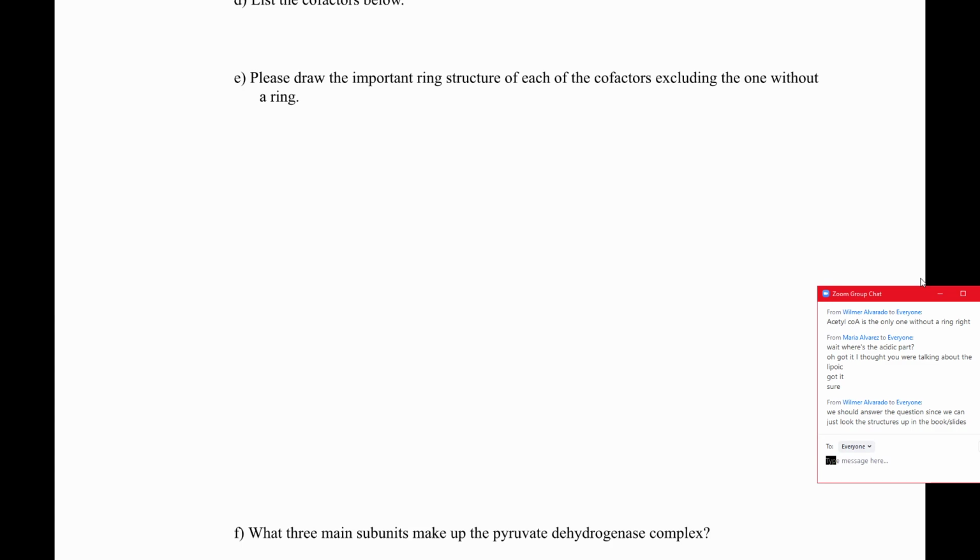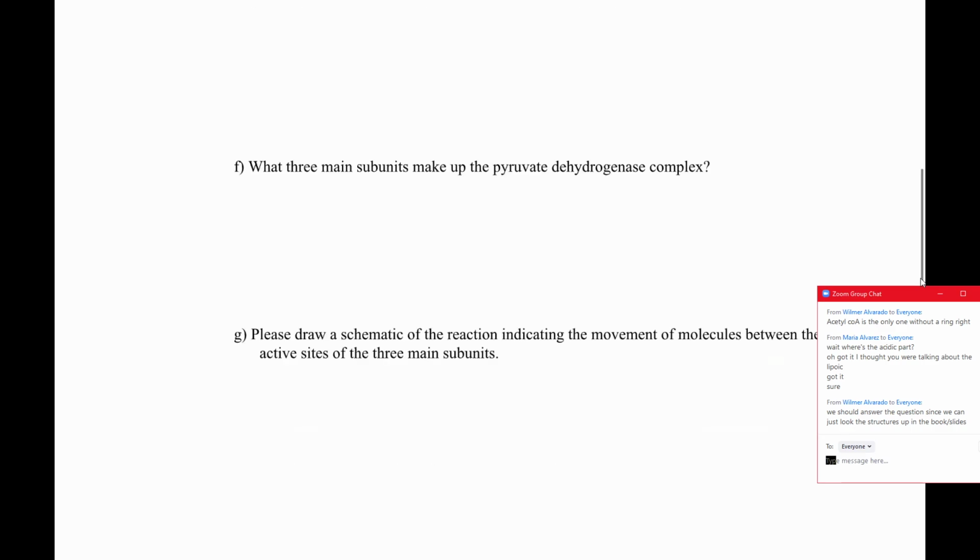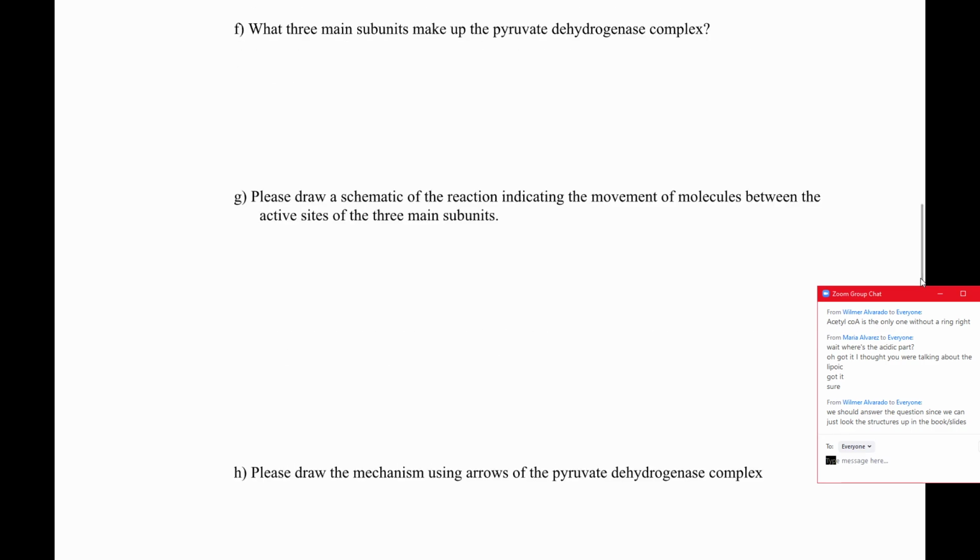Yeah, just honestly look it up, basically. It's just that if we have time, I'll get back to drawing NADH and FADH2. I kind of want to touch on these three because I want to make sure you guys know where to find the answers to these. And then I'll go back to NADH and FADH2. Does that sound good?